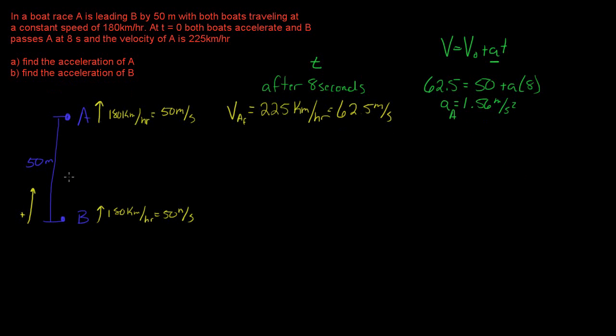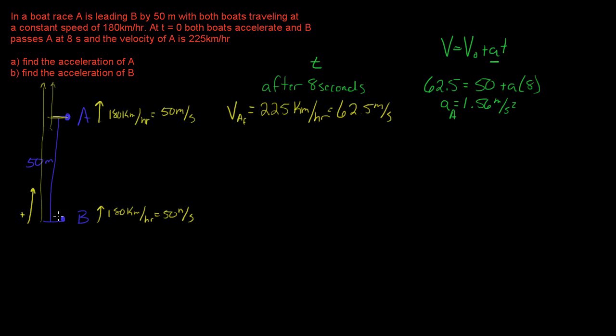First, we know that both these boats are moving up this way, and at 8 seconds, B catches A. So B has to be moving faster than A, and B will catch A. So we need to know two things. We need to know the distance A moves in 8 seconds.